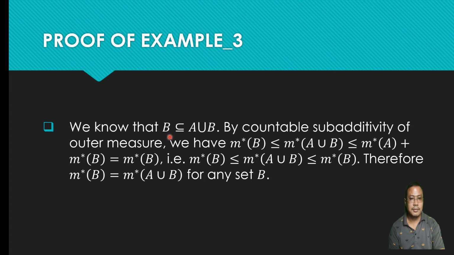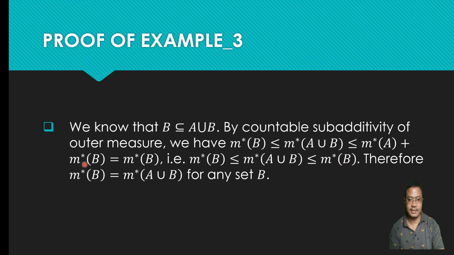So we know that B is a subset of A union B. This is very obvious. So by the monotonicity and countable subadditivity formula, m star B will be less than or equal to m star of A union B, and that is less than or equal to m star A plus m star B. I am using the countable subadditivity formula in this step.